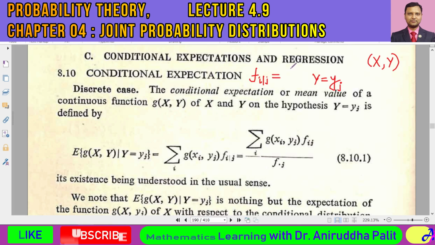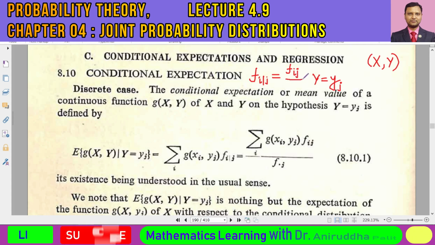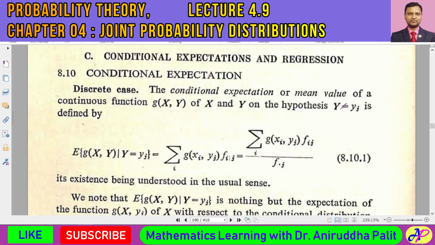We already defined this, and we proved in the previous lectures that f(i|j) is equal to fij, that is, the joint probability mass function divided by f(yj), the marginal mass function of Y. So this is the conditional mass function of the distribution of X given Y equal to yj.